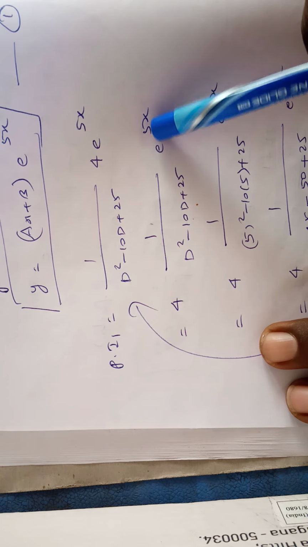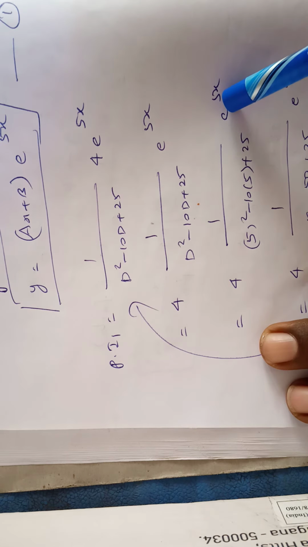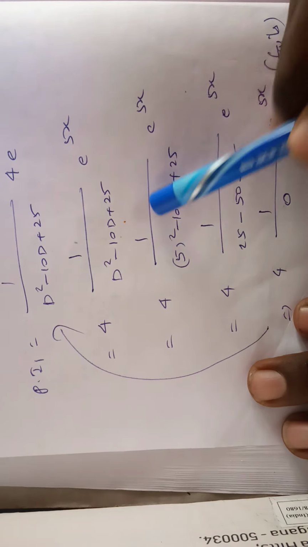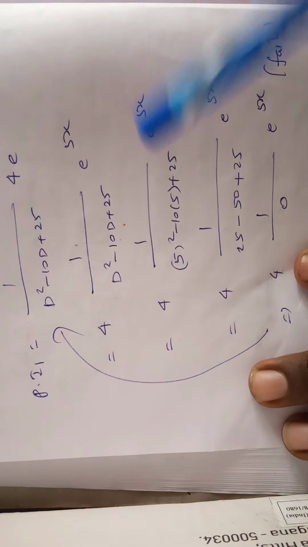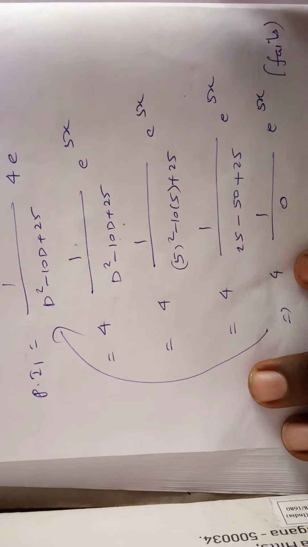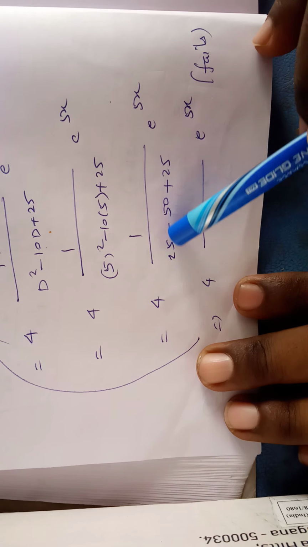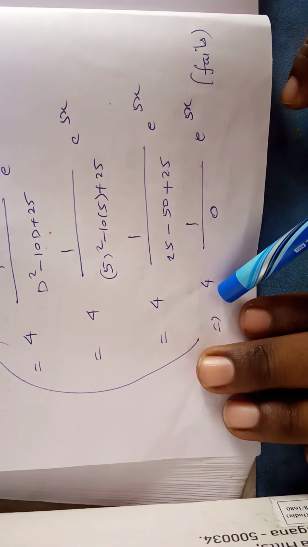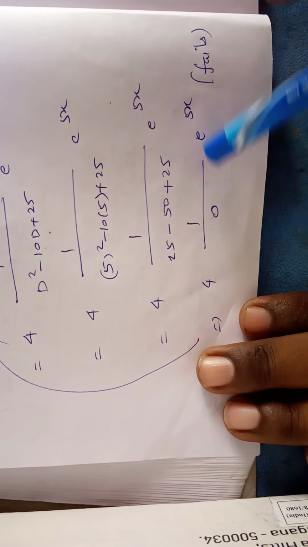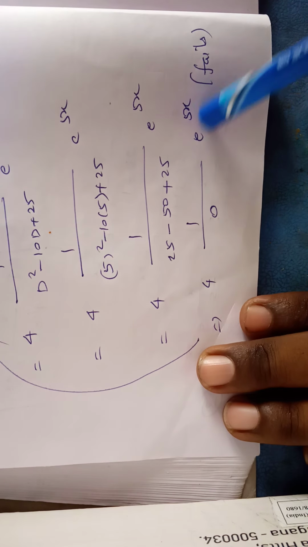So D can be replaced by 5. So 4 into 1 by 5² − 10 into 5 + 25 into e^(5x). So 4 into 1 by 25 − 50 + 25, e^(5x). So 4 into 1 by 0 into e^(5x). 1 by 0 is not a solution, so this fails.